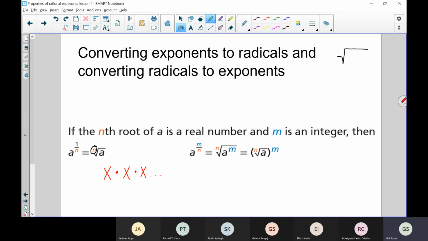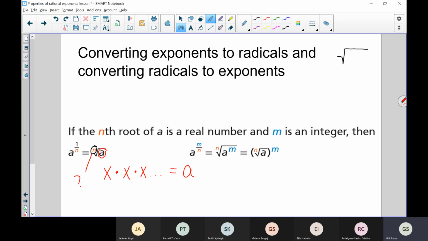You'll really never write it 20 times, but eventually it'll be that number times itself, however many times n is, and then it's going to equal a. That part doesn't change, because a is underneath the radical, so a will go on the right side of the equal sign. The only part we don't know is what number n is. It's just a variable, so we don't know how many times we need to multiply that number times itself. But that is kind of what it's saying.